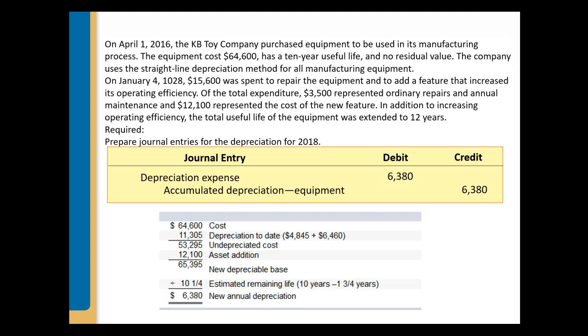Then from there, we are going to divide that by the remaining life. The remaining useful life is 10.25 years. So we take the depreciable base, divide that by the remaining life to come up with a new annual depreciation of $6,380.